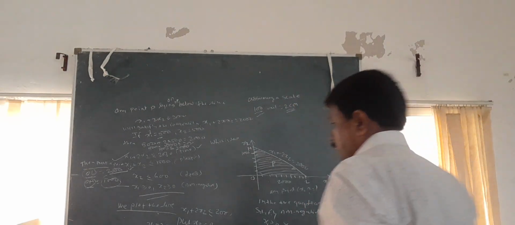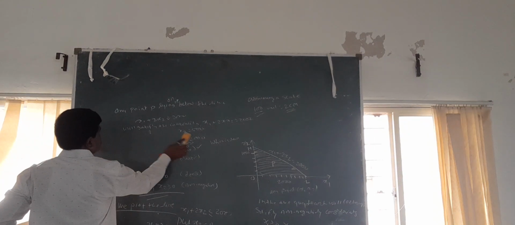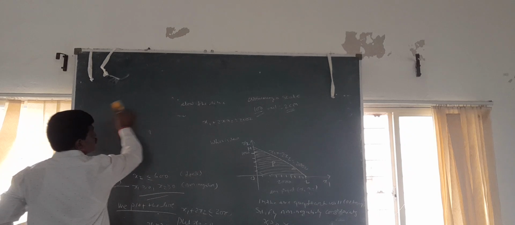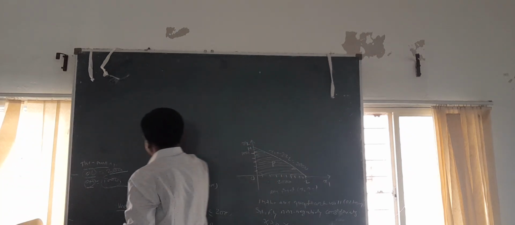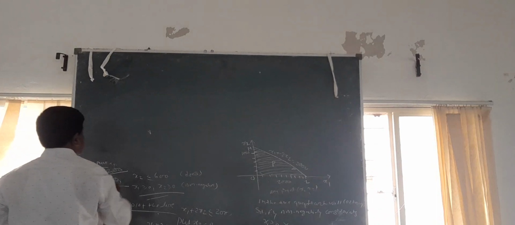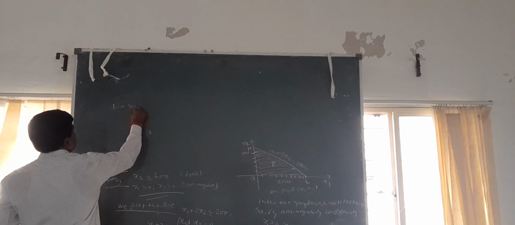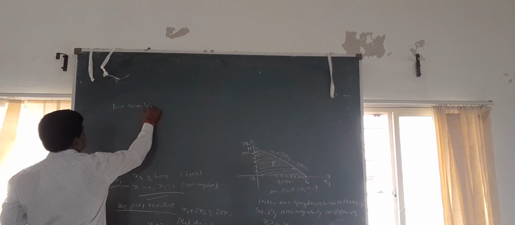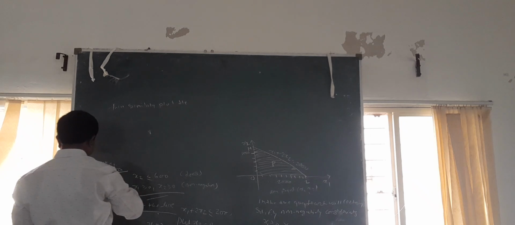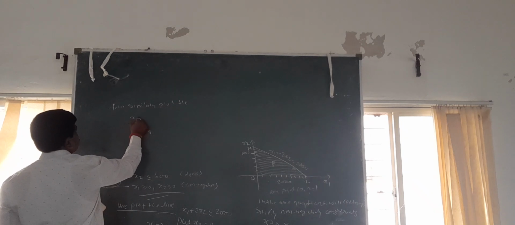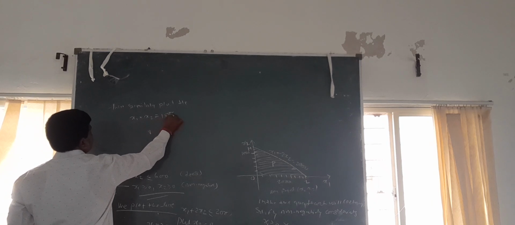Then similarly plot the line x1 plus 2x2 equal to 1500.